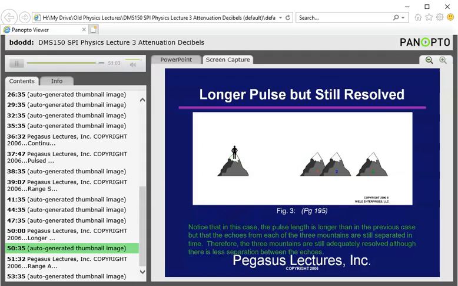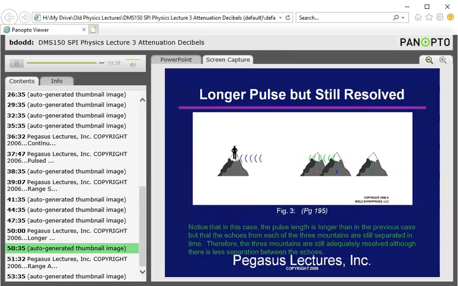Just so you know, I want to show you real quickly before you take off. We're still echo ranging, but we've given it a longer pulse in this case. And there's still some separation between the pulses as they come back. So we're still using pulses. It hits the mountains, and we can still separate right here the two closest mountains.